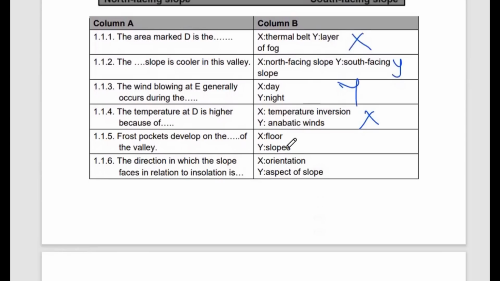We're looking at question number 1.1.5. It says frost pockets develop on the dash of the valley. Frost pockets obviously occur on the valley floor, which is X. Our frost pockets develop on the floor of the valley.